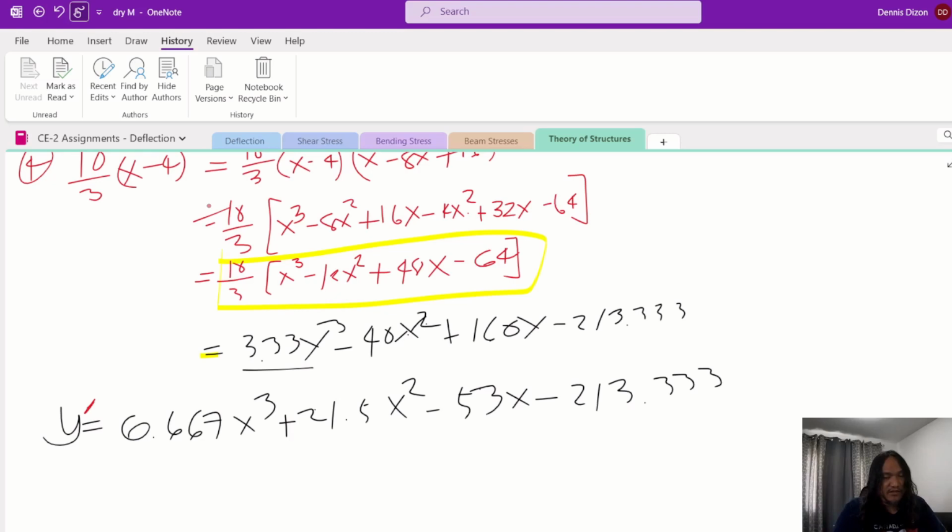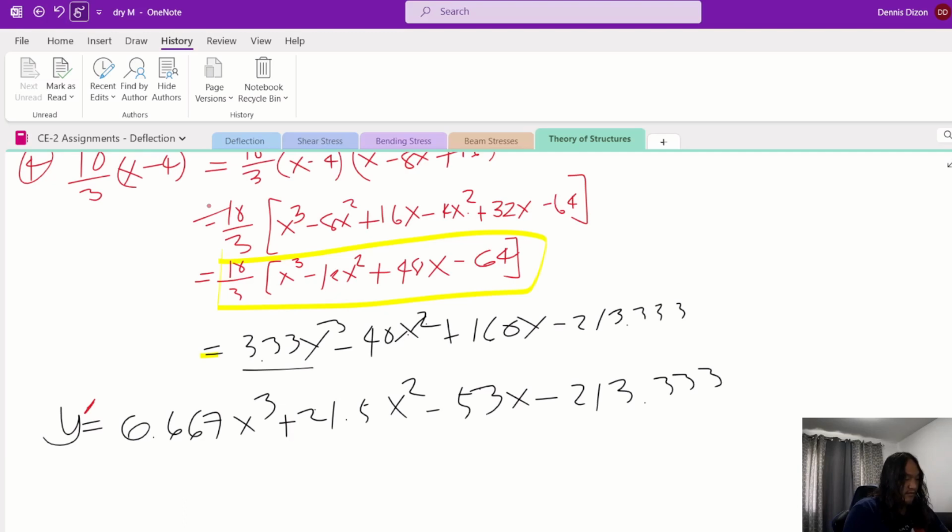So this is already a 21-year-old calculator, and I'm still working. So we will simplify this one using a calculator.